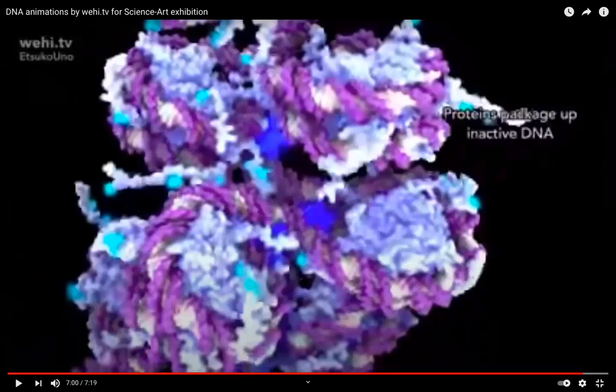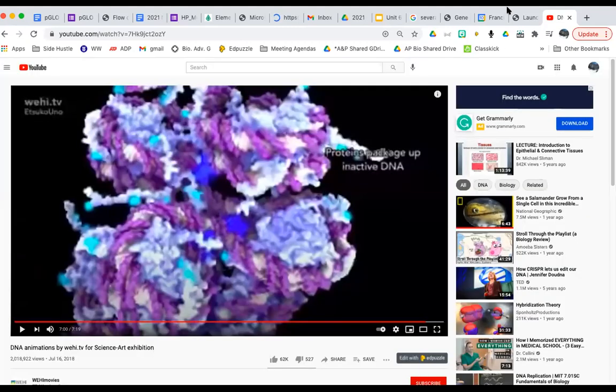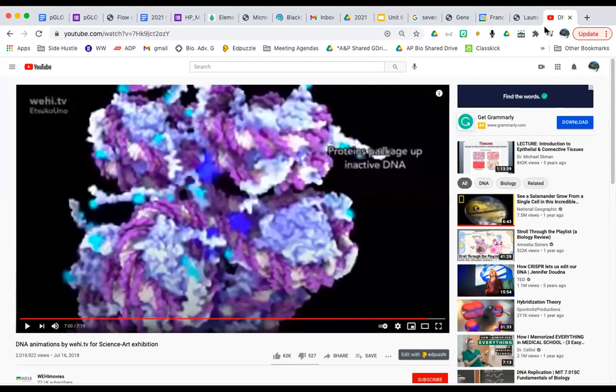But so that's going to be for your transcription, and then translation is going to take place out in the cytoplasm after the mRNA is processed. So after you add the protective caps, the 5' G cap, the poly A tail, and then also after you splice out the introns and splice the exons together, it goes out into the cytoplasm and meets up with a ribosome at the start codon in the P site.